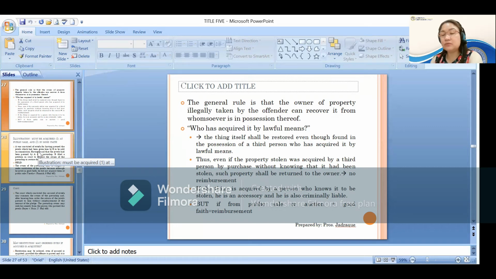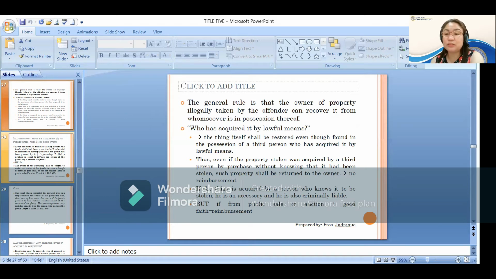So, what do we mean by who has acquired it by lawful means? The thing itself shall be restored even though found in the possession of a third person who has acquired it by lawful means. Thus, even if the property stolen was acquired by a third person by purchase, without knowing that it had been stolen, such property shall be returned to the owner.